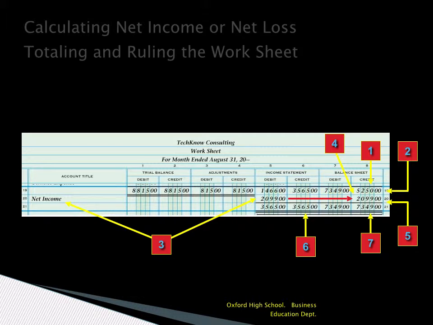When you add that back to 1,466, you get 3,565. Then you just bring the 3,565 down. And the same way for the balance sheet. 2,099 is added to the smaller number in the balance sheet, which happens to be 5,250. When you add them together, they equal 7,349. That's how your totals are done.